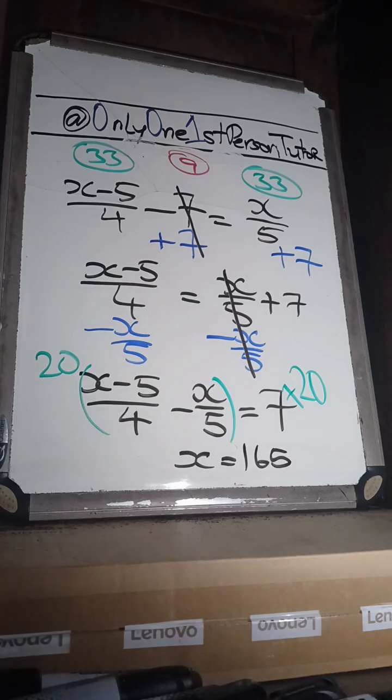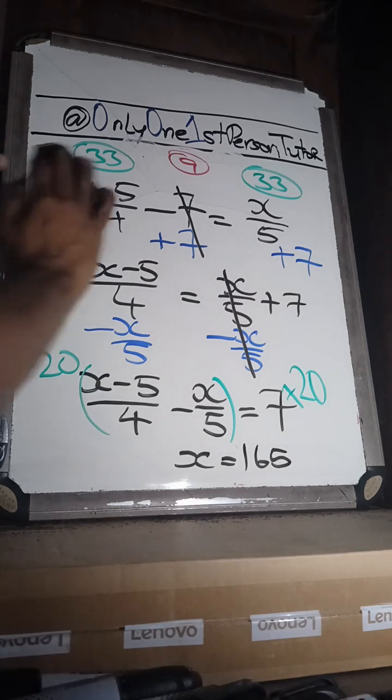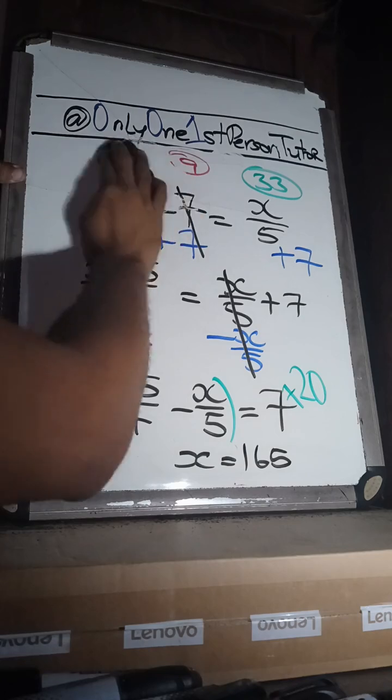Alright, now we're going to number 10, number 10, number 10. Alright, number 10 looks crazy. Let me see if it actually is. Is number 10 actually crazy? Let's see. So what we have for number 10 is, I just need to make sure that I'm looking at the right thing.